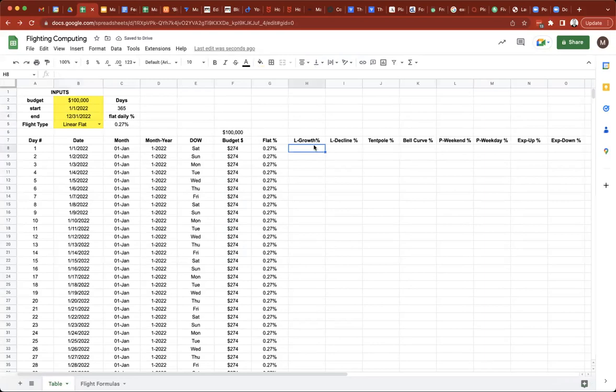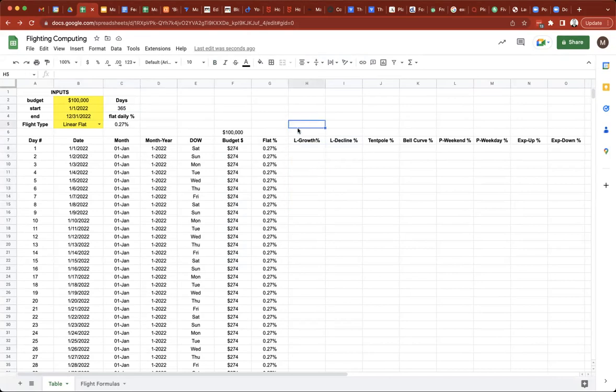What I'm looking for is to solve for these two columns, where this column would have a formula and be dynamic based on the number of days in the time period, and it would allocate a percentage to that day in a linear growth schedule.